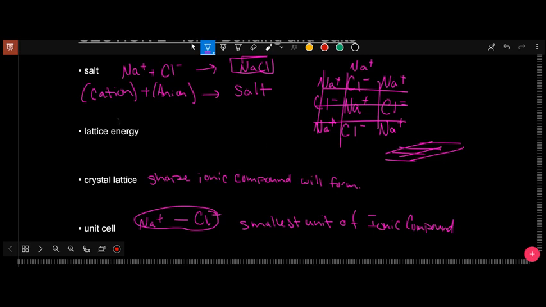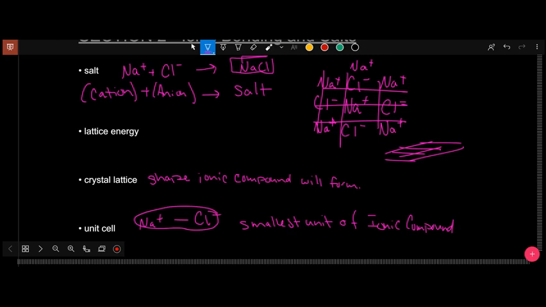And then lattice energy. I'm going to look up the textbook definition because I think this throws people. So it says lattice energy is the energy associated with constructing a crystal lattice, this guy, relative to the energy of all the constituent atoms separated by infinite distance.